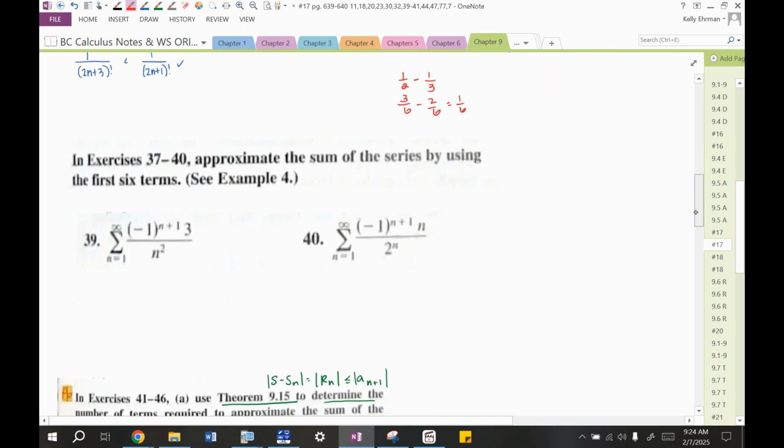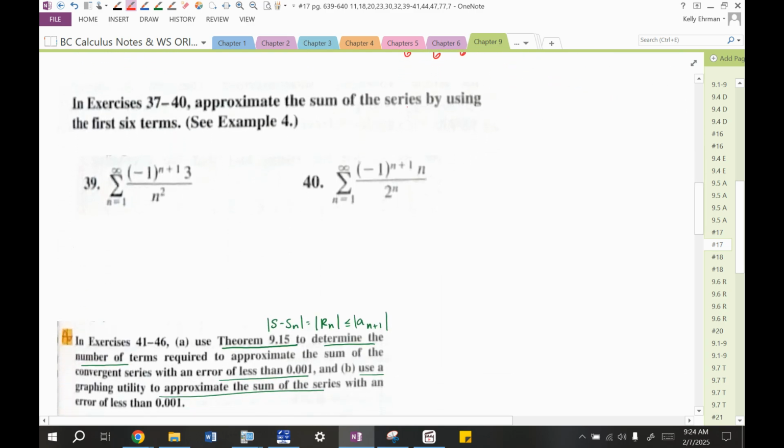All right, for the next set, it says approximate the sum of the series by using the first 6 terms. Now I'm going to use a calculator for this to streamline. I haven't really seen this much on a non-calc part. So we're saying that this sum is approximately equal to S6, the 6th partial sum. So S6 would be equal to, if you plug in 1, I am going to show the terms and then I'll use my calculator.